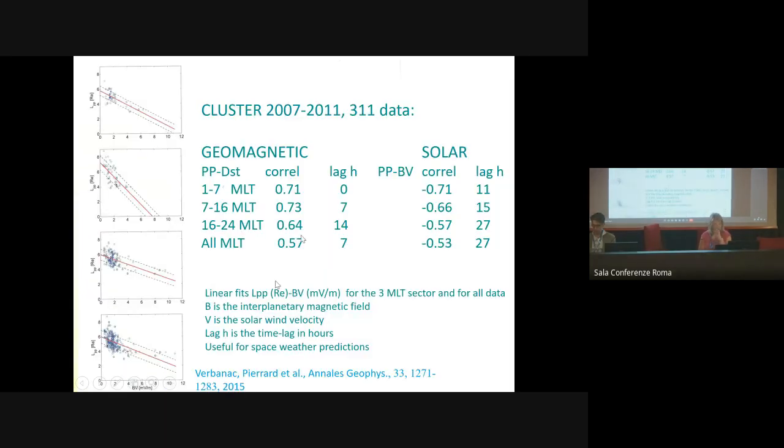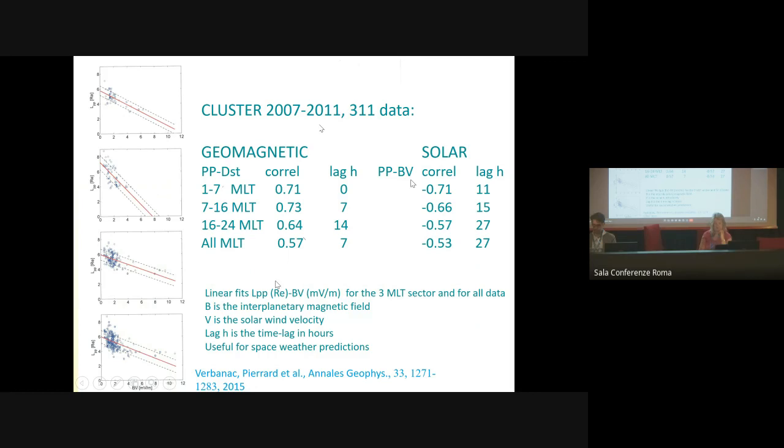Cluster was also used to make correlation between the plasmapause position and different indices. Here, there are many geomagnetic indices. Here I show you just the correlation for the Dst index, because that's the best correlation that we obtained. And here also with solar indices.